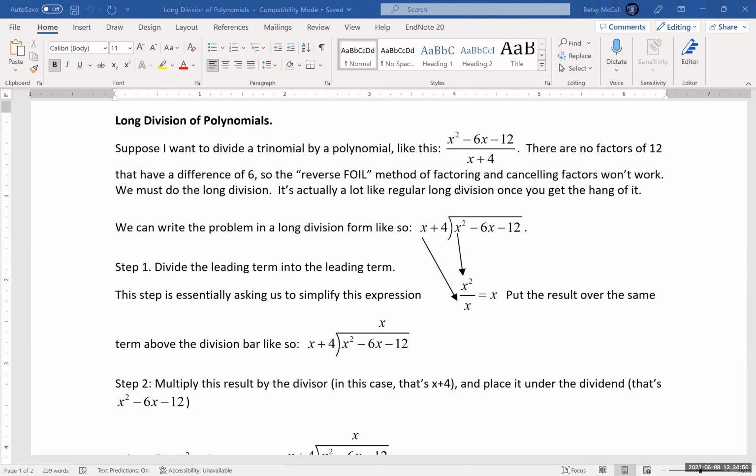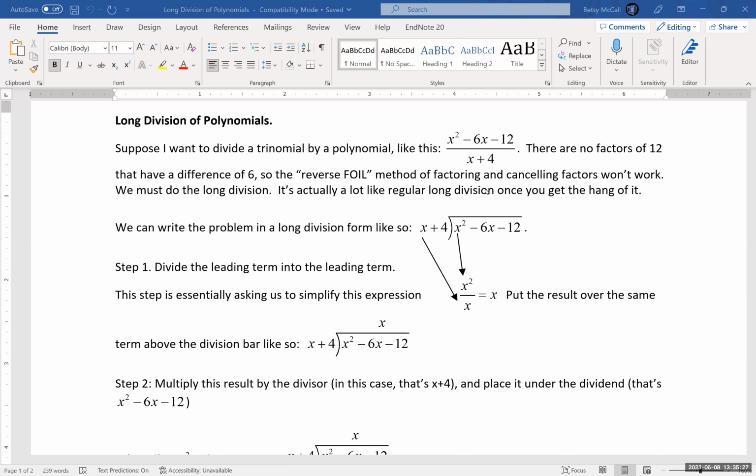If you are missing terms in your polynomial, let's say you have x cubed minus 8 and you're trying to divide something into that, it can be extremely helpful to fill in the missing components, the zeros where you have missing things, in order so that things will line up appropriately. Again, think of it as similar to when you're dividing by decimals. You add in the zeros so that you can divide more normally.